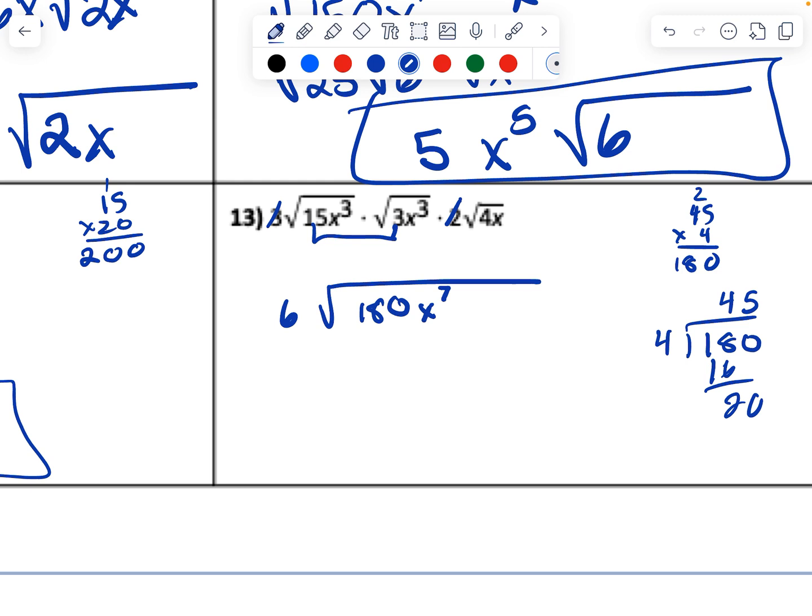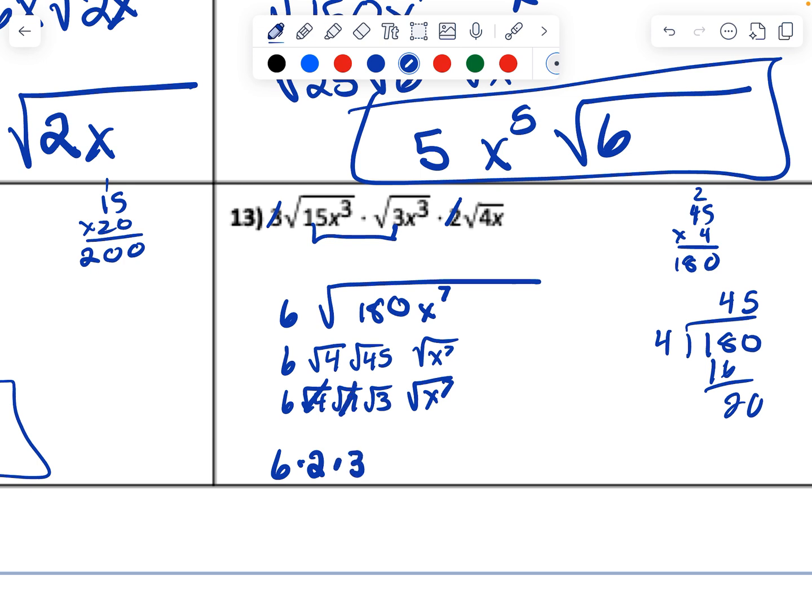So 45, so 6, square root of 4, square root of 45, square root of x to the 7th. Well, I know 45 is 9 times 3. So let's see, 6, square root of 4 is 2, square root of 9 is 3, square root of 3, x to the 7 over 2, so it goes in there 3 times, so that goes on the outside with 1 left. And 6 times 2 is 12, times 3 is 36, x cubed, square root of 3x.